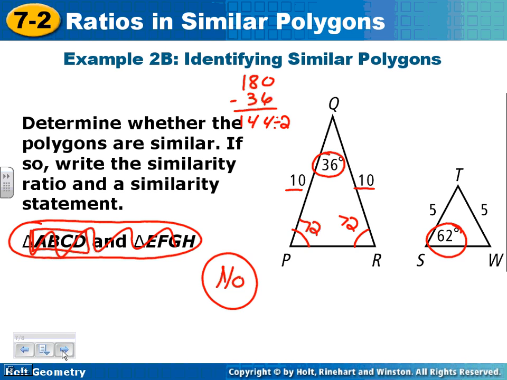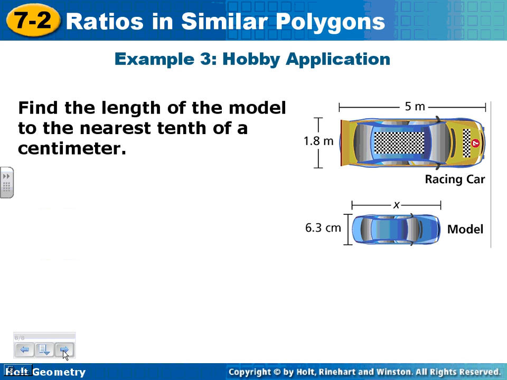Let's go on to the last slide. 2 model cars here. Directions say, find the length of the model to the nearest 1/10 of a centimeter. Well, I see my widths. I see a 1.8 there, goes to a 6.3. Well, notice that it's in meters in the top and centimeters in the bottom.